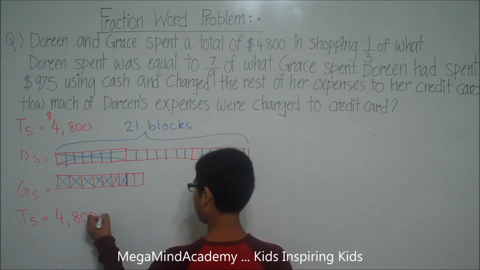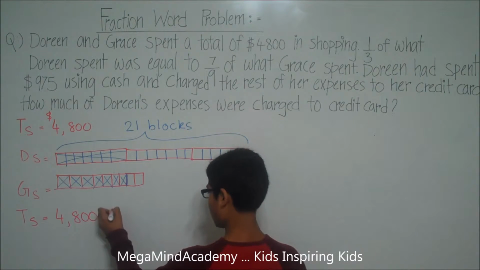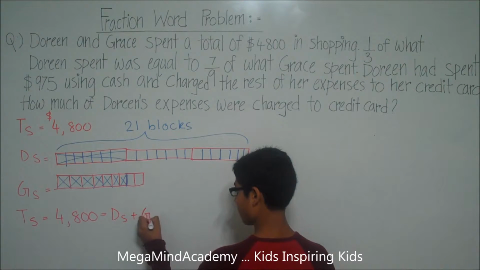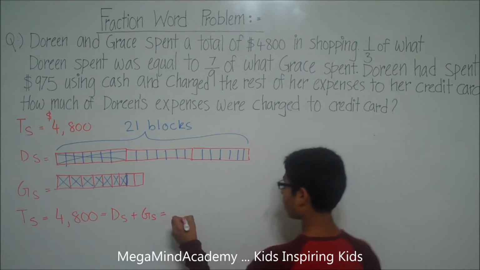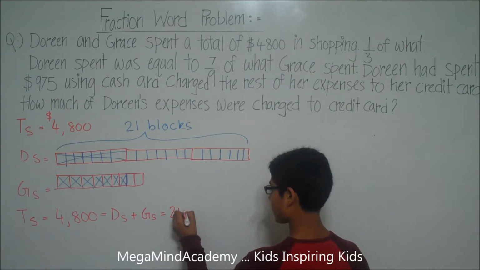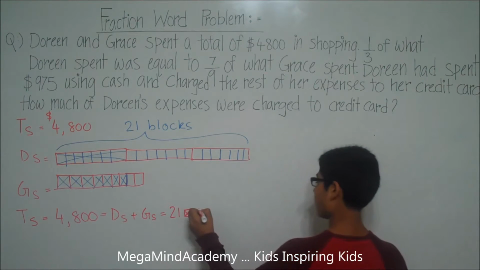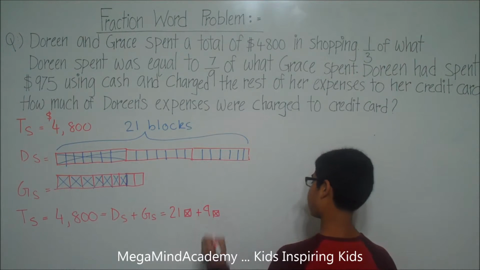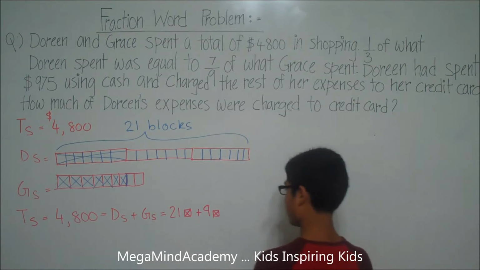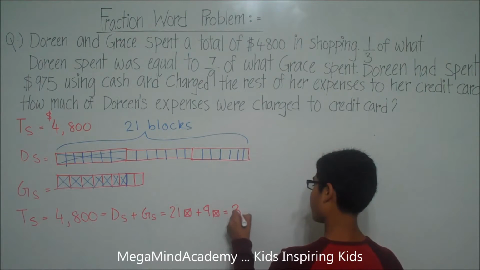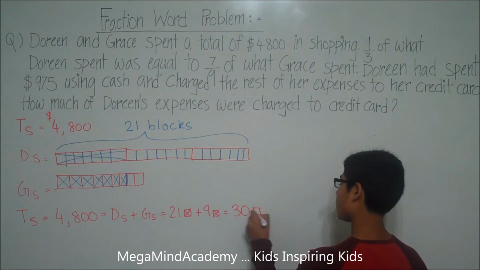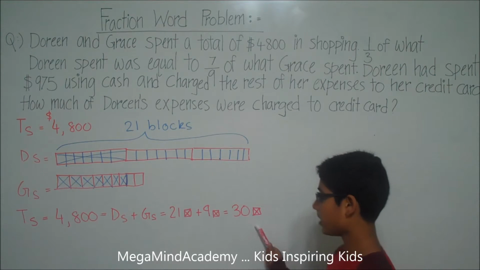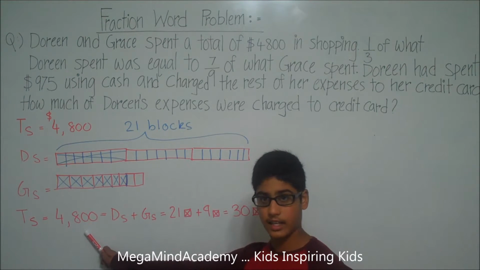It is also equal to Doreen spent plus Grace spent, which is equal to 21 blocks plus 9 blocks, which is equal to 30 blocks. So this means that 30 blocks is equal to 4,800.